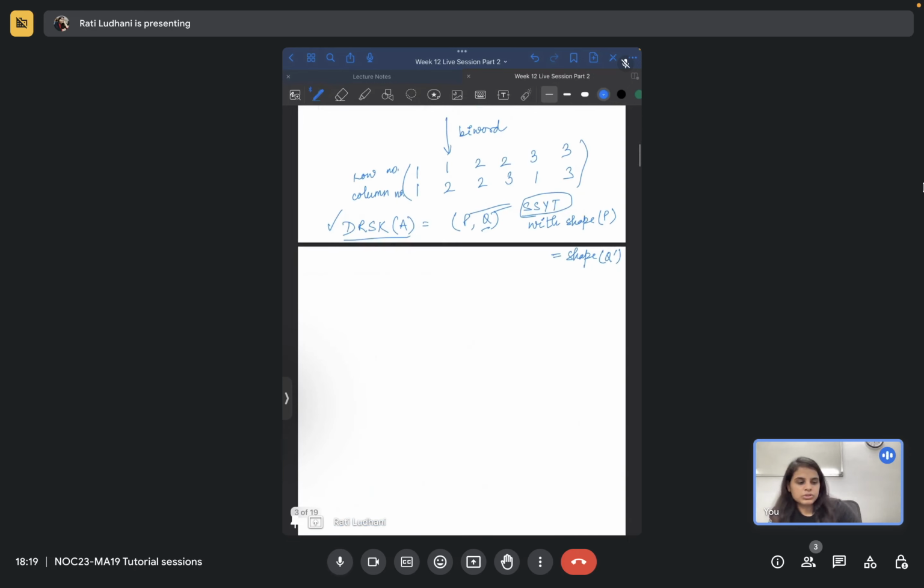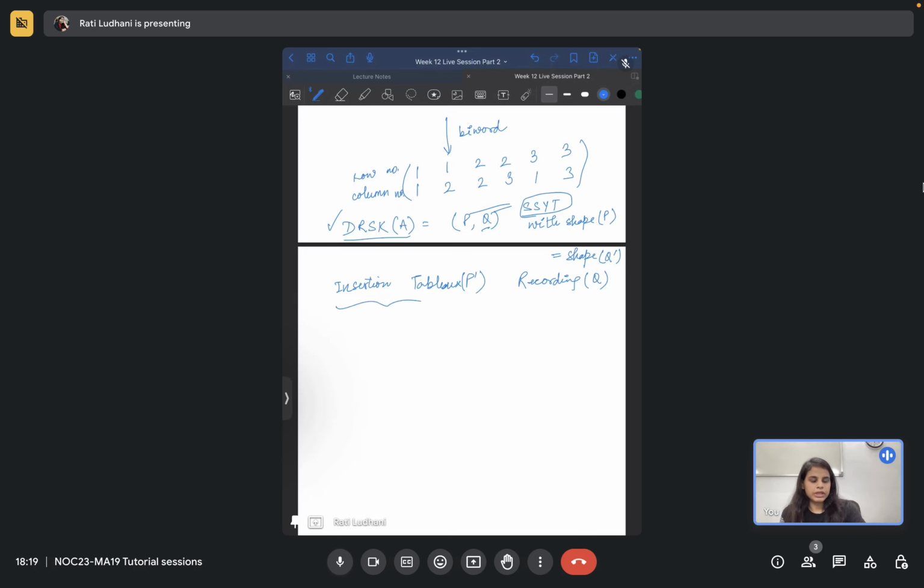Now we need to find the dual insertion tableau and the recording tableau. This is Q, and whatever we get right now we'll write as P dash.